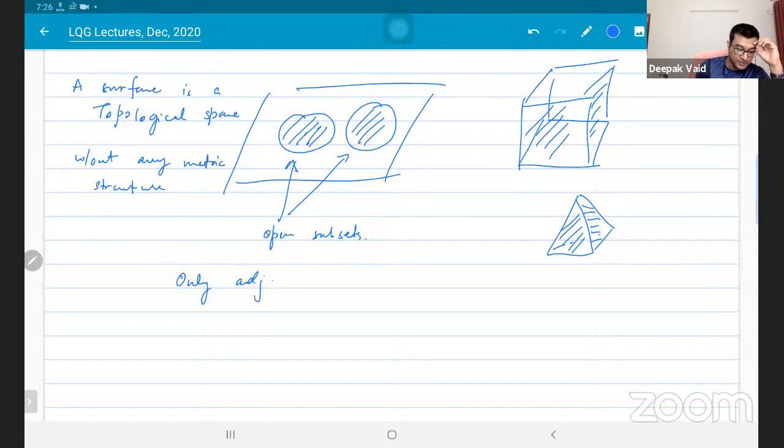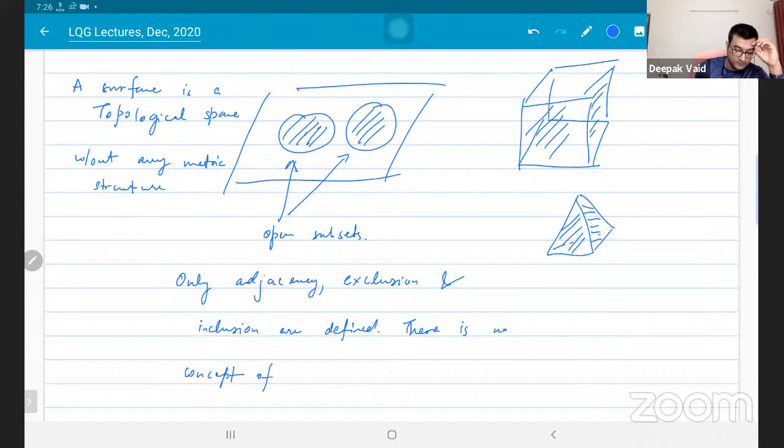Only adjacency, exclusion, and inclusion are defined. There is no concept of a distance.